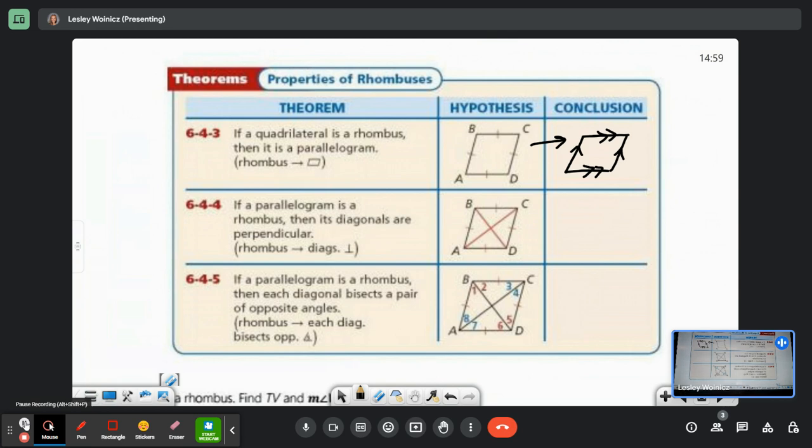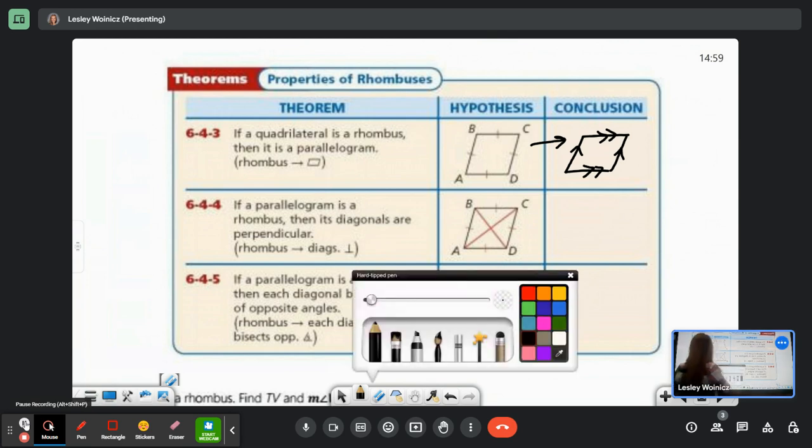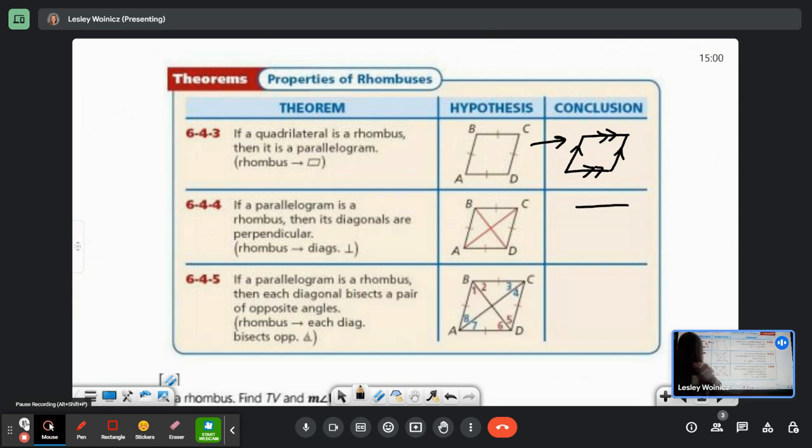If a parallelogram is a rhombus, then its diagonals are perpendicular. Okay, so just go ahead and do your best to draw a rhombus with diagonals. Ooh, that was not good. This is harder than it looks, guys.